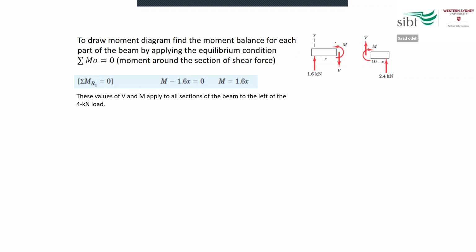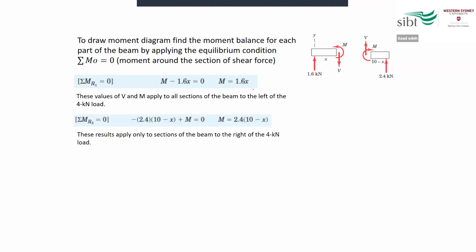So M here is unknown, but I can find the moment of the other force, which is 1.6 times the distance x, and then I represent the moment in terms of x. So 1.6 times x.